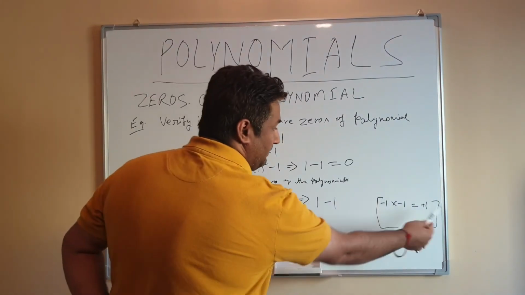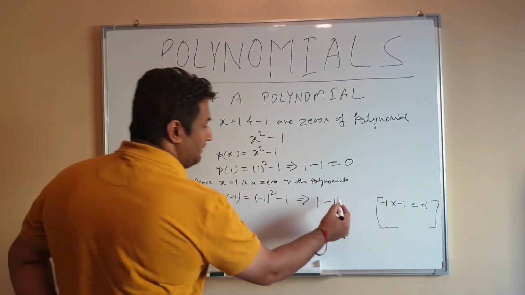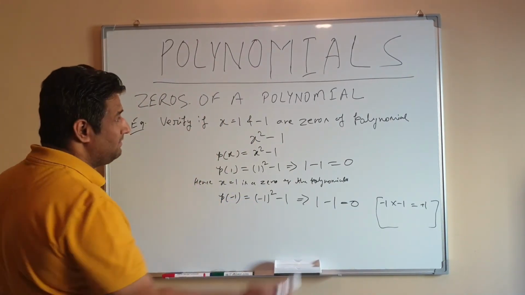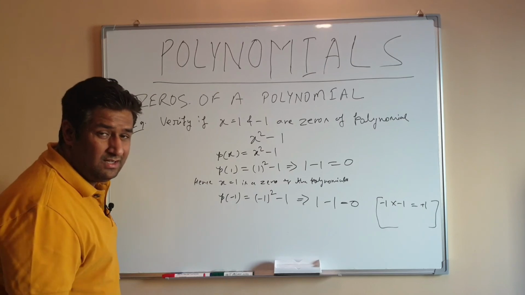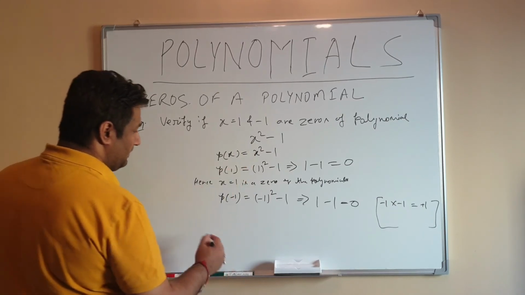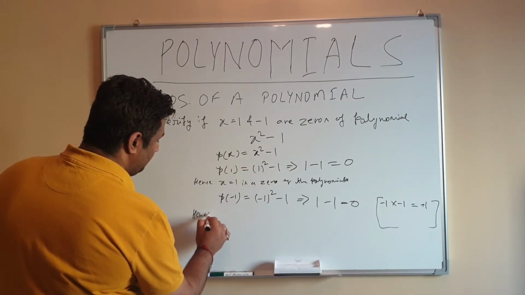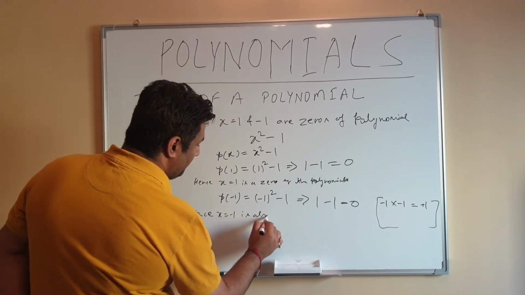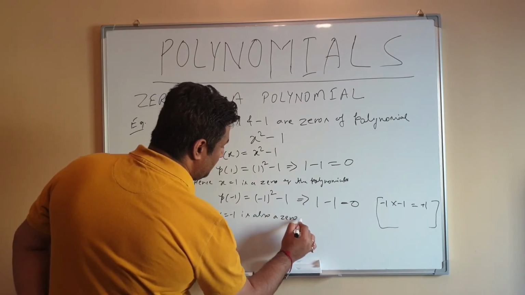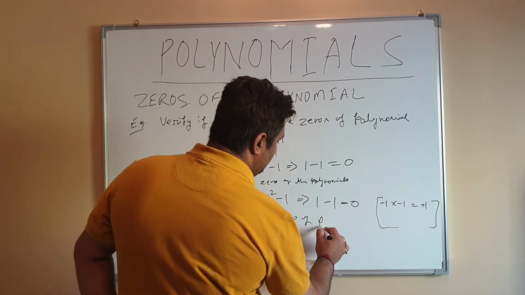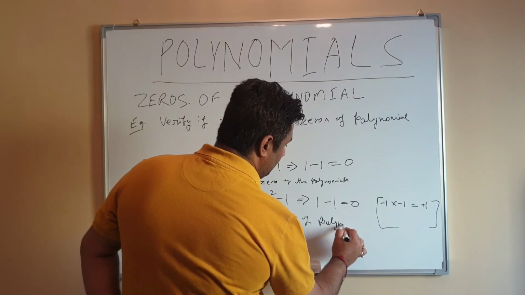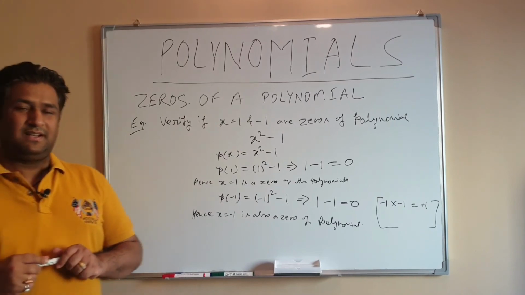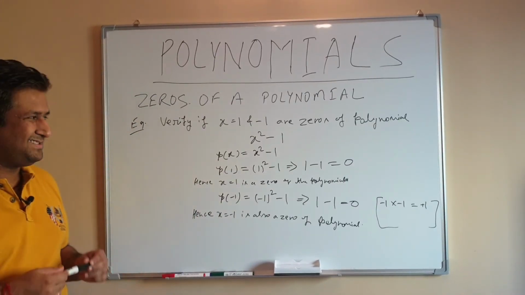Why? Because negative and negative is positive. So 1 minus 1 will be 0 again. So that means yes, x is equal to minus 1 is also a 0 of the given polynomial. So we'll write, hence x is equal to minus 1 is also a 0 of the polynomial.